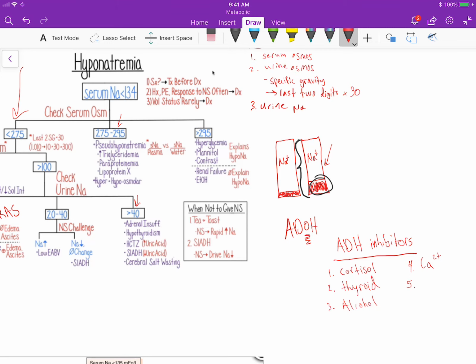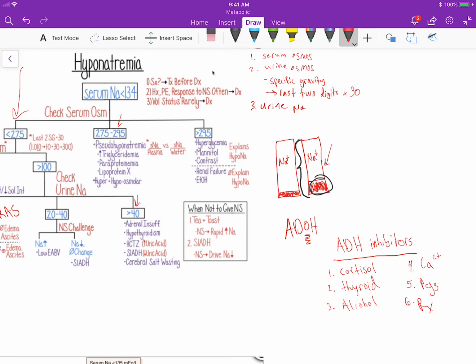Another one is prostaglandins. So it might not be as intuitive, but a drop in prostaglandins or taking NSAIDs can induce the release of ADH. That's why NSAIDs can be a treatment for diabetes insipidus. And then there's also genetic causes, and then, of course, drugs.